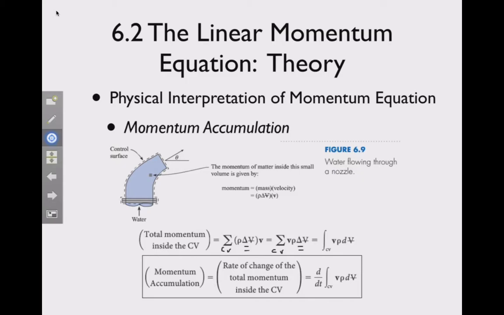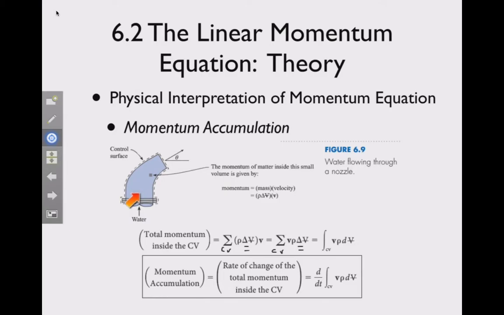Now, the book mentions that for a lot of problems, this term will be 0. Imagine that you've got a steady flow of fluid coming in here and a steady flow of fluid coming out here. Since you're not changing the rate at which things are going in or out, how can the momentum be accumulating inside the control volume?